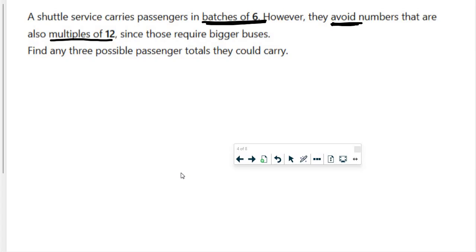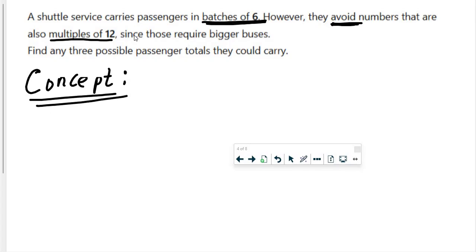So what is the concept behind this? Listen carefully. A shuttle service carries passengers in batches of 6. However, they avoid numbers that are also multiples of 12 since those require bigger buses. Find any 3 possible passenger totals they could carry.